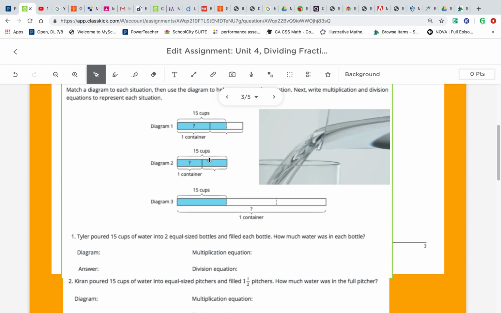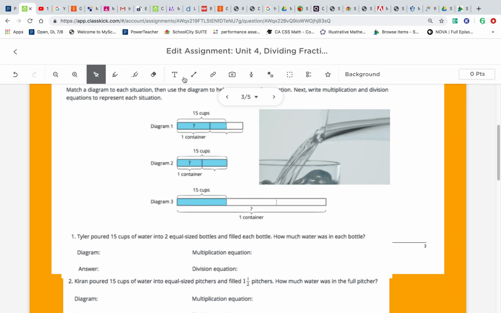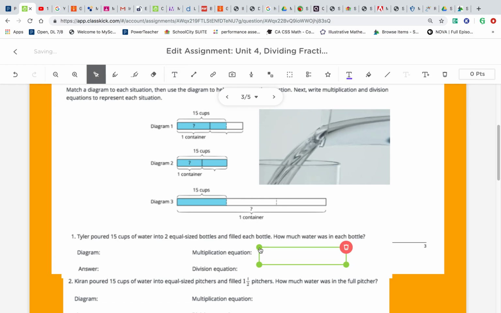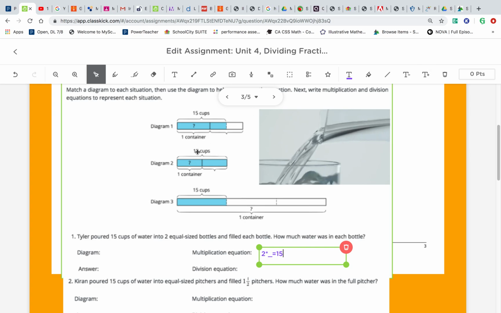So one way to look at it here, you can see here that we have 2 parts, and we are multiplying by some unknown amount, 2 times an unknown, and that's going to give us 15. So the multiplication equation is going to be 2 times an unknown. Okay, so an unknown here, I'm going to put a little blank spot there, and that's going to equal 15 cups total. Okay, now for division, you can see that what we have 15 cups in all, and we're splitting those up into 2 parts.